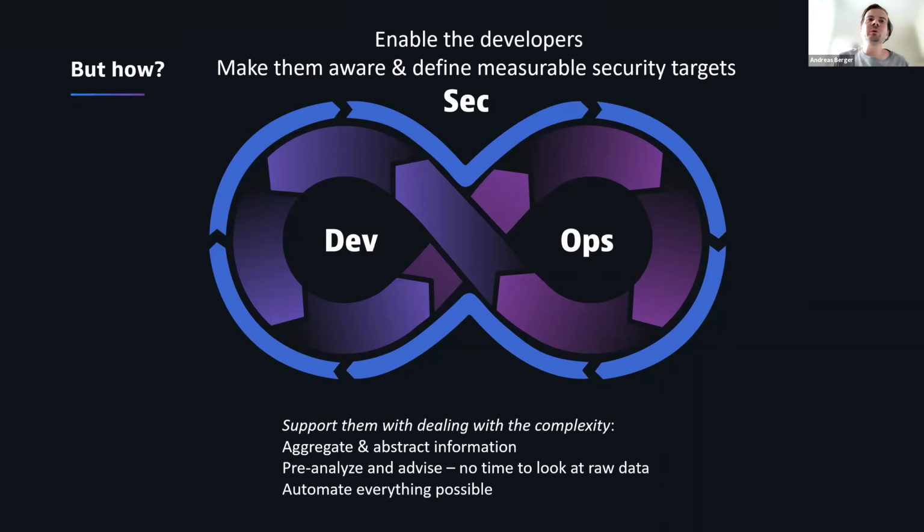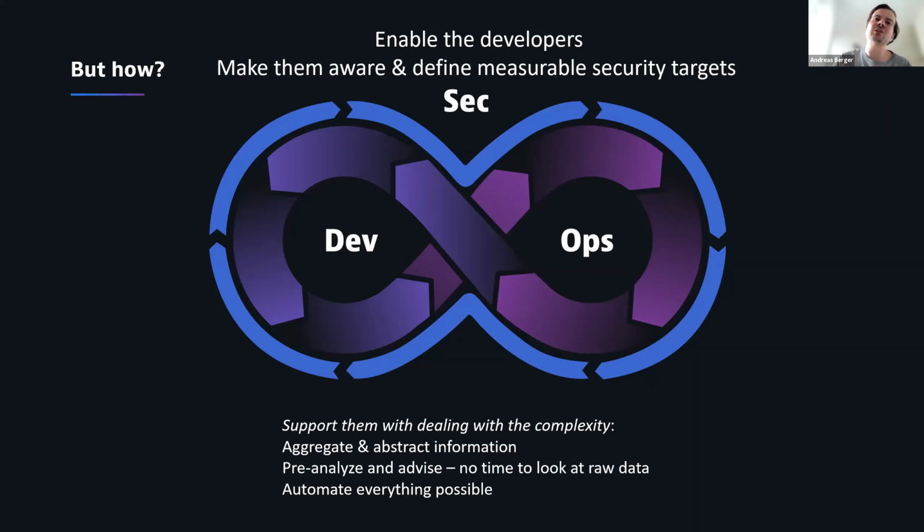So what do we need to solve there? And this is largely, at least for me, not solved. I think we have a lot to do there with regard to tooling. We need to aggregate and abstract information. We need to pre-analyze and advise. Nobody has time to look at raw data. That's a mistake that I think many security tools of the past made: here are 500 alerts, go and read them.